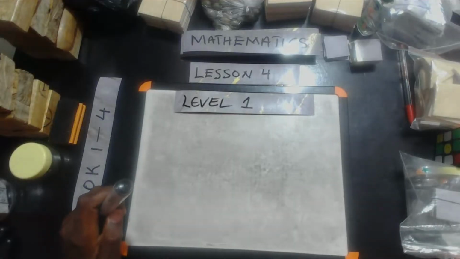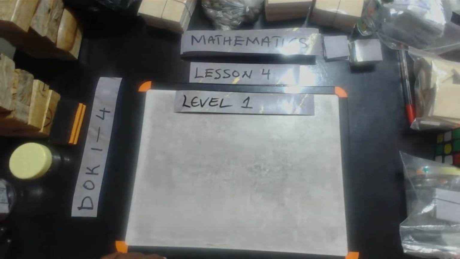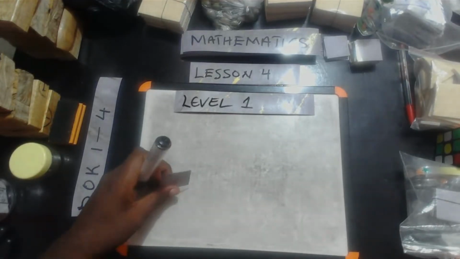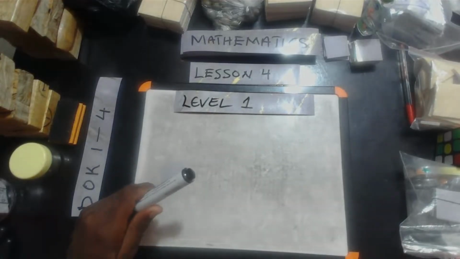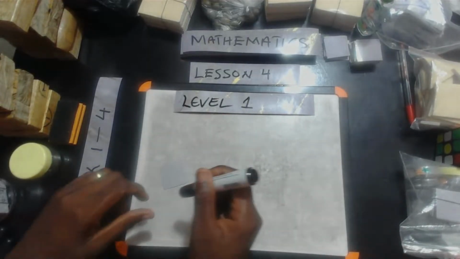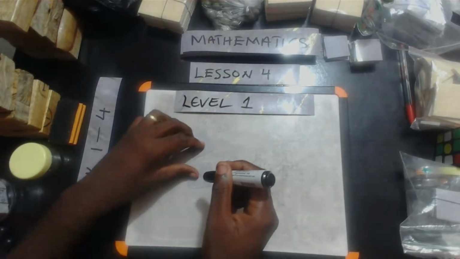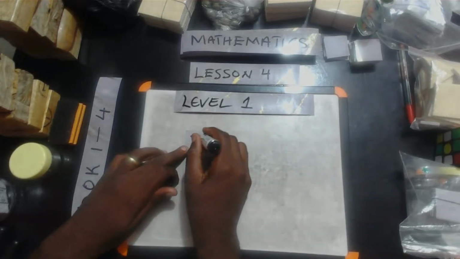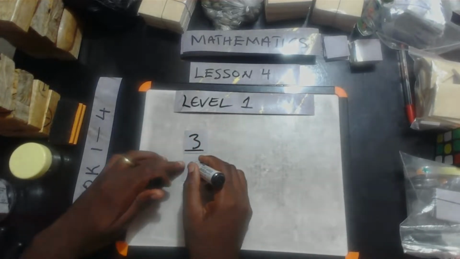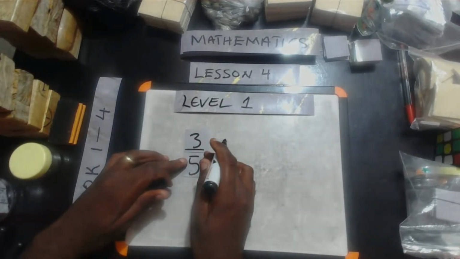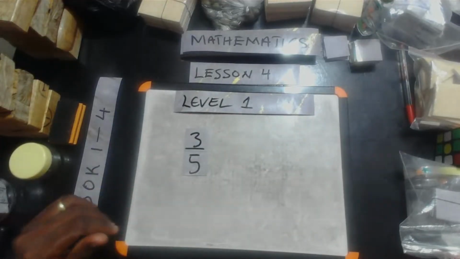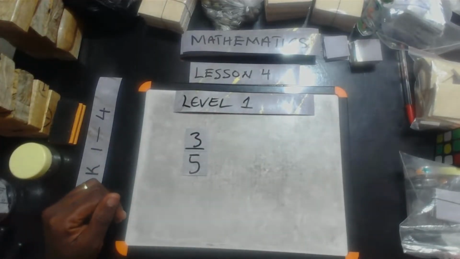The concept of numerator and denominator. So this is a simple fraction, 3 on 5. This is a simple fraction of 3 divided by 5.